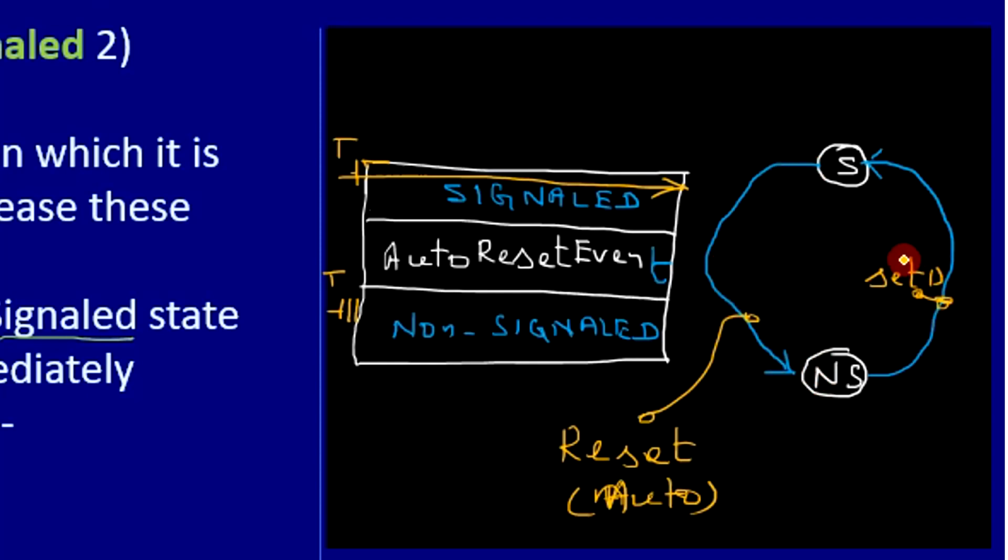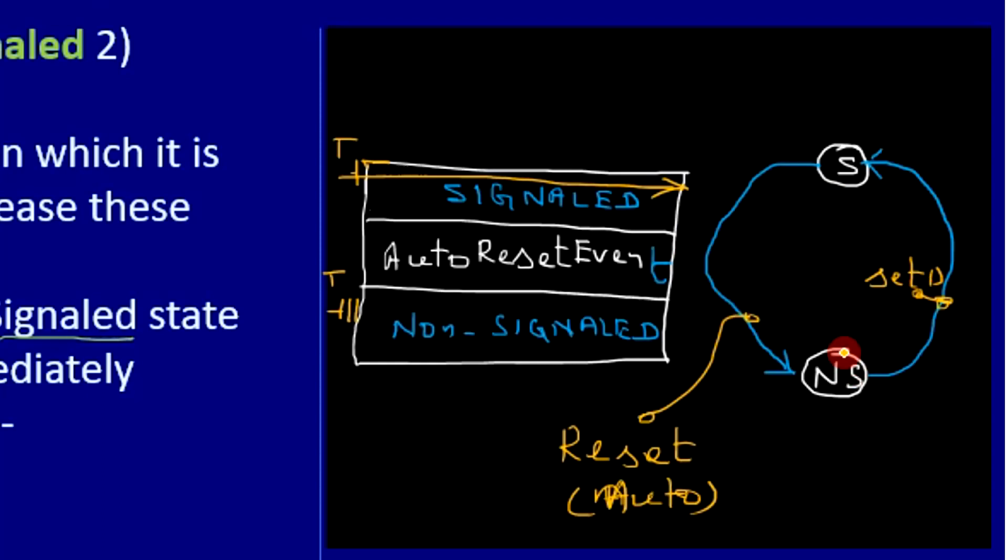Since the object is already in non-signaled state, if there are some waiting threads, they will wait, and once you make a call to the Set method, the object moves from non-signaled to signaled state. That means a waiting thread, once it sees the signal, will get released from the WaitOne method and start accessing the resource. And you need not call the Reset method because it will be done automatically.